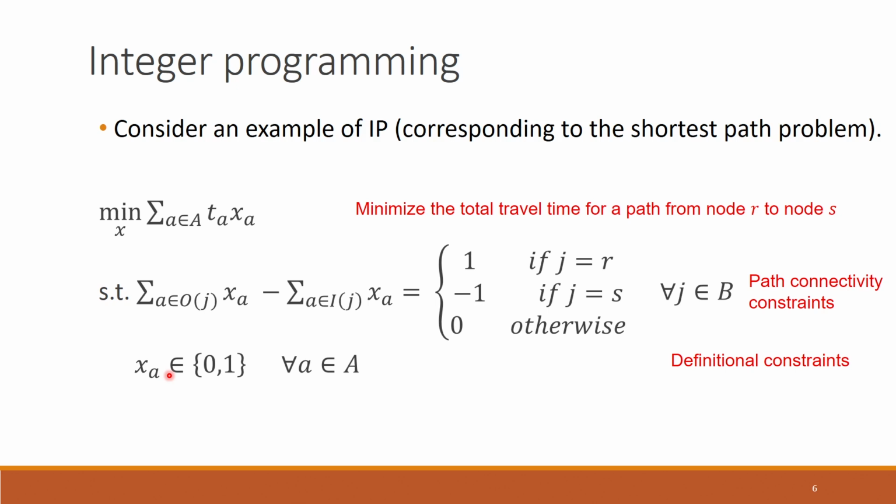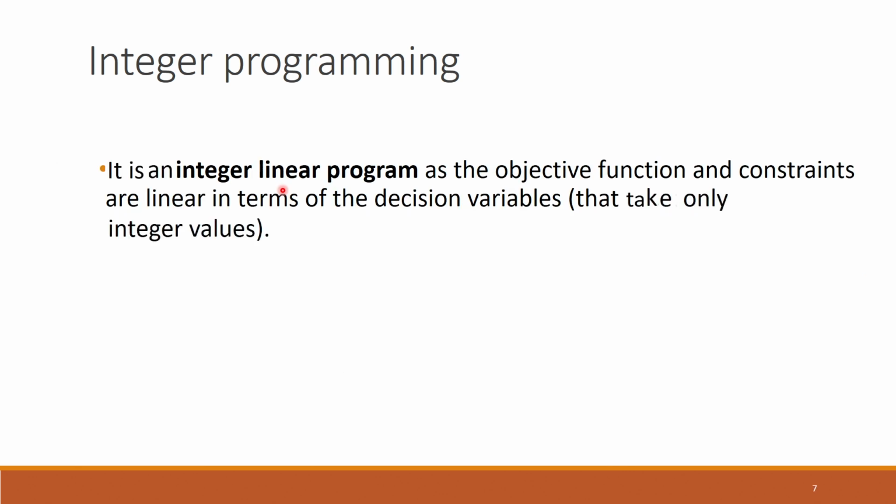So, this integer program is an integer linear program, because the objective function and the constraints are linear in terms of the decision variables. Here you can see that this is not a pure linear program. We had seen examples of pure linear programs.